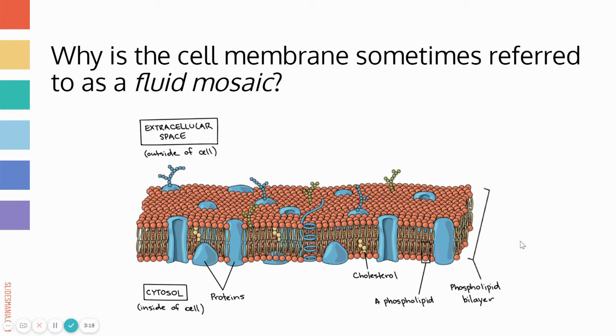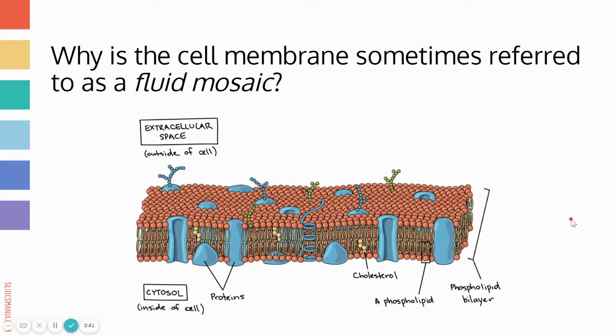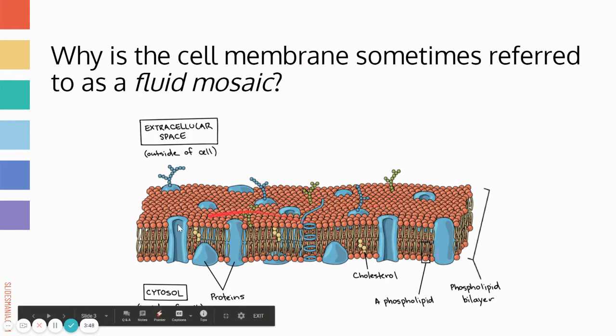If you've ever looked at a mosaic, you know it's pieces of colored tile or stones that are embedded in concrete or cement. With the cell membrane, the phospholipids are like the cement, and all of the colored stones are the proteins and cholesterol and glycoproteins and all of these other molecules that are stuck inside of it. So that refers to the mosaic, and then the fact that all of these things are not fixed in place.